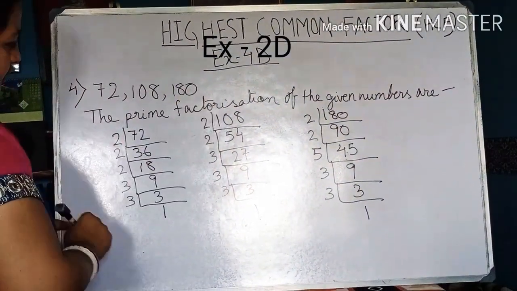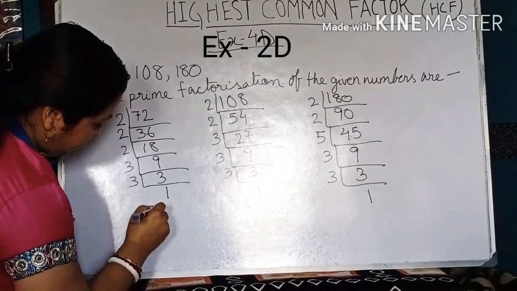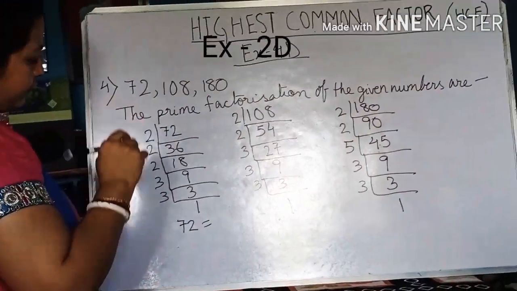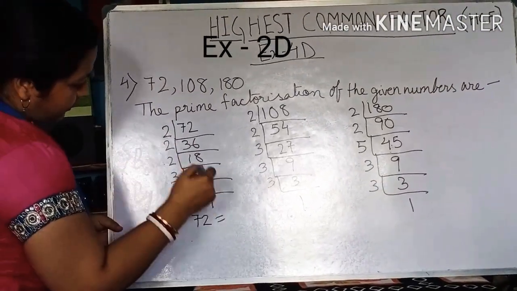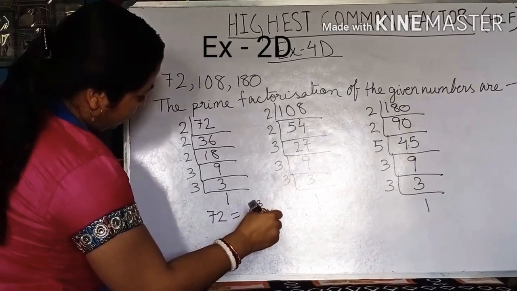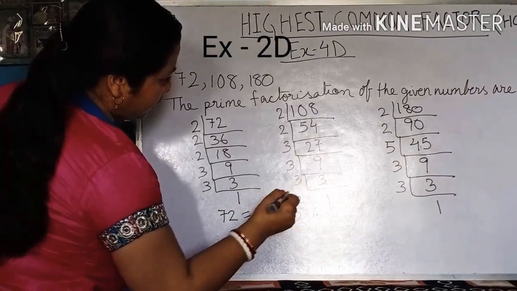Now let's write all the prime factorizations of the given numbers. Let's start with 72. Remember, we had learned that power form. So how many 2's are here? 1, 2, 3. So we can write it as 2 to the power 3 into 3 to the power 2.